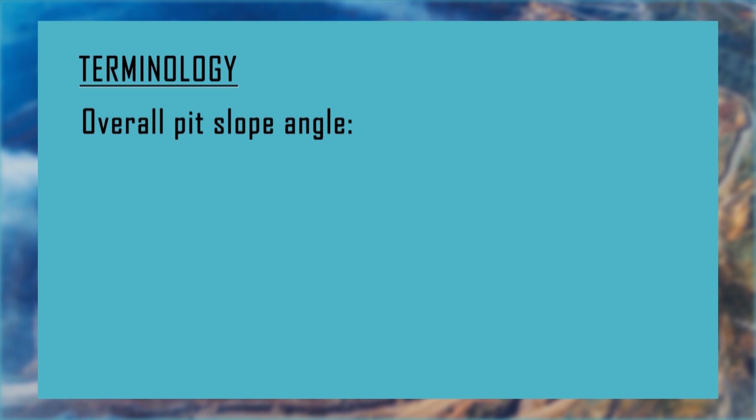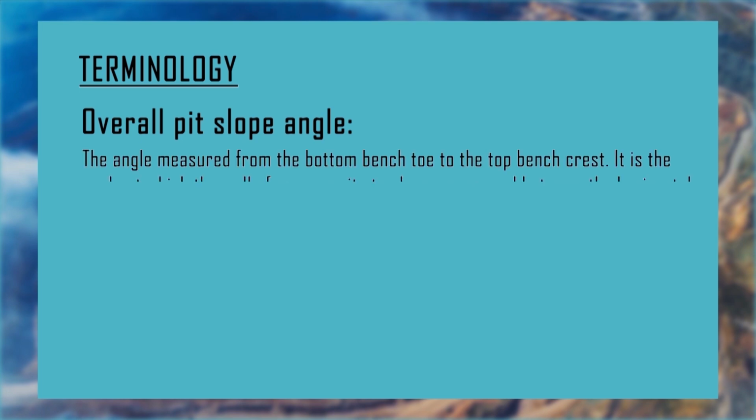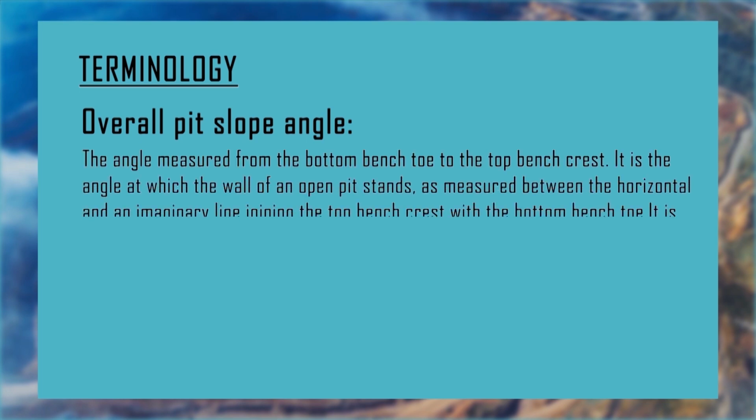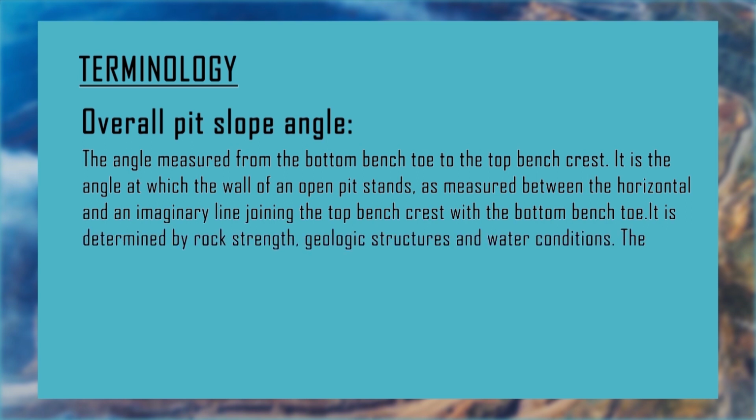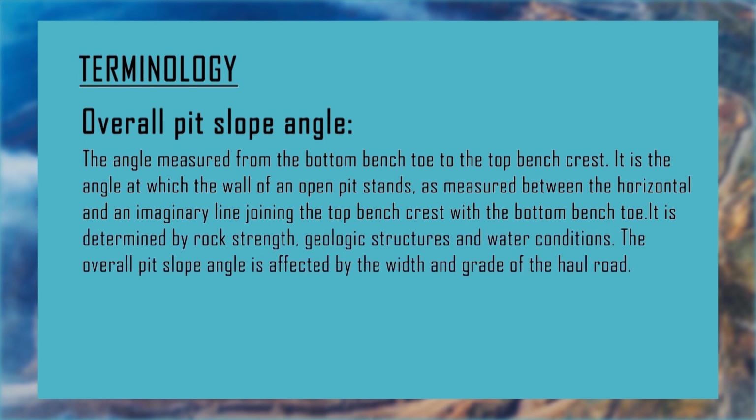Overall pit slope angle. The angle measured from the bottommost bench toe to the topmost crest. It is the angle at which the wall of an open pit stands as measured between horizontal and the imaginary line joining the top bench crest with the bottom bench toe.